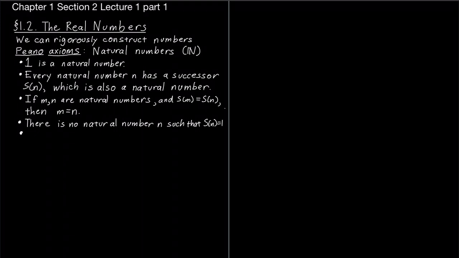And the last of the Peano axioms, it's a little bit more complicated than the others, but not by very much, and it's going to do two very good things for us. We're going to let K be a subset of the natural numbers.